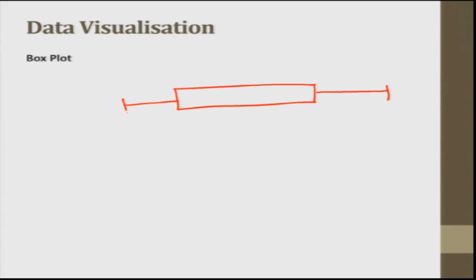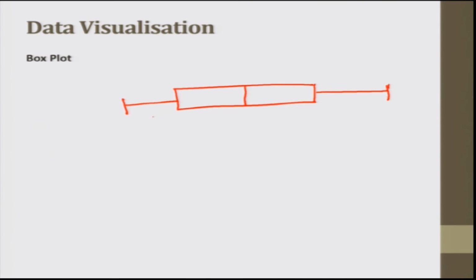From a statistical viewpoint, the box plot is very important. What is a box plot? We divide the data into quartiles. This is my box plot. Okay, I divide my data into quartiles.